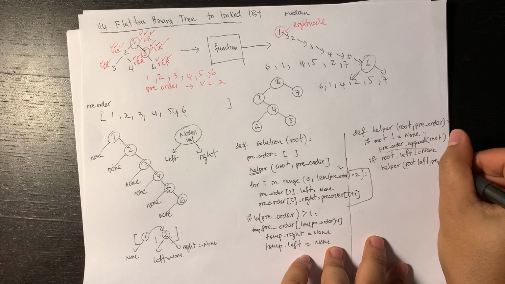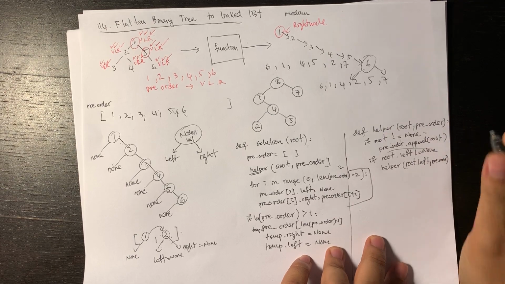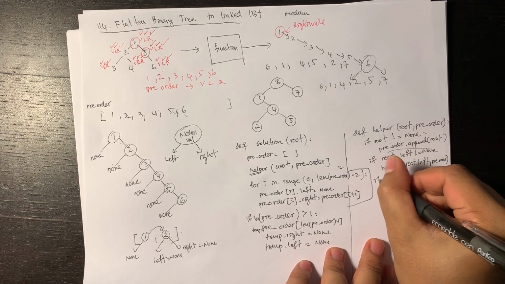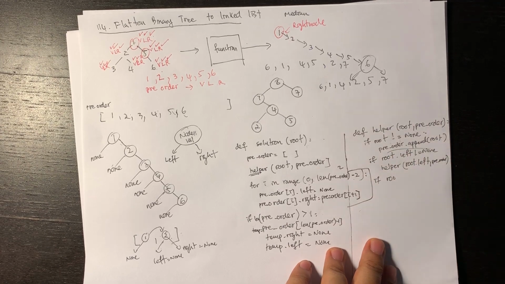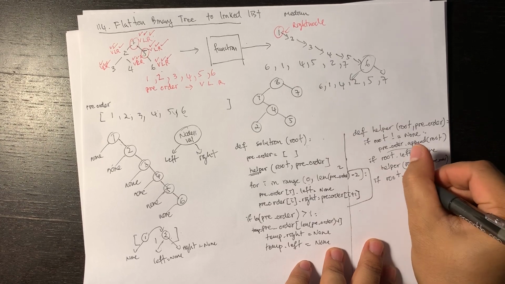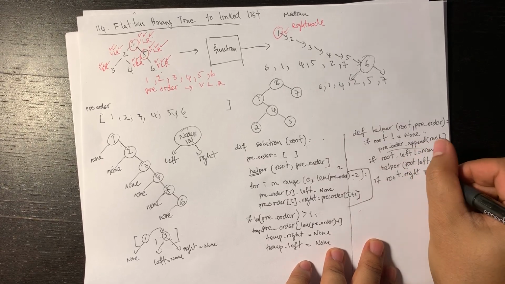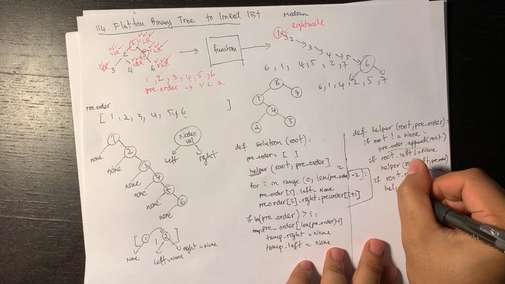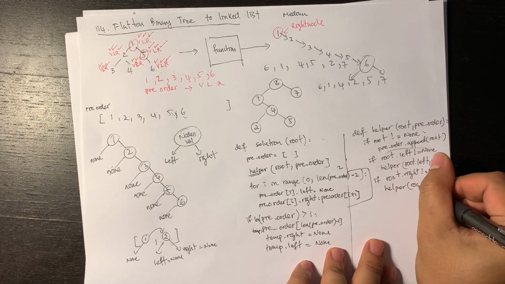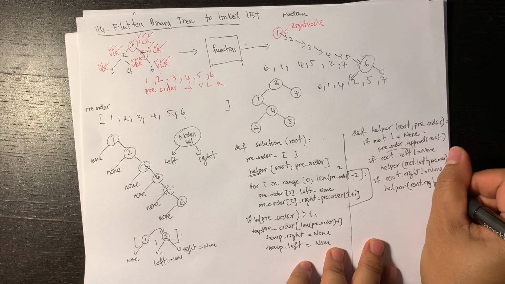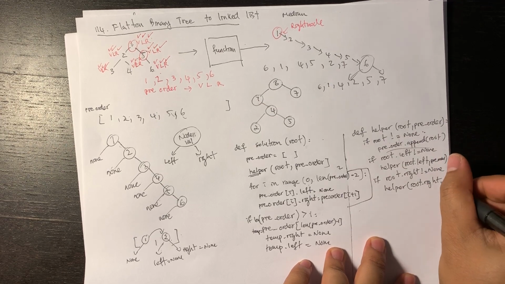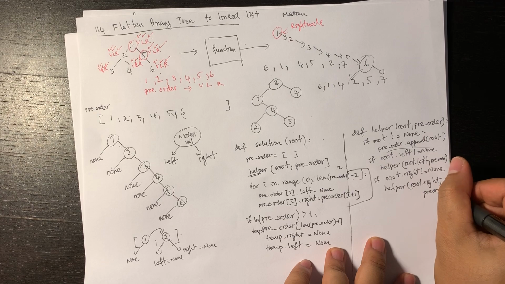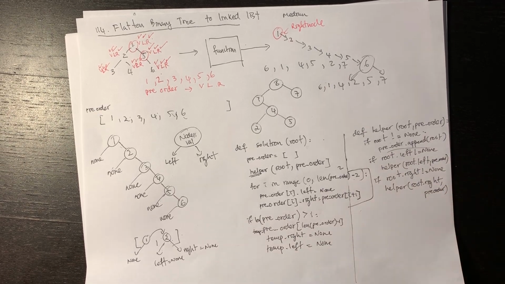And then if root.right is not none, call helper on root.right, and here you will pass pre-order. There we go.